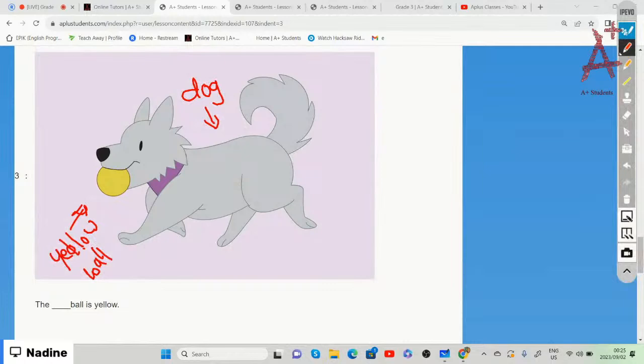Now they say the bow is yellow. So whose bow is yellow? We need to say whose bow is yellow.